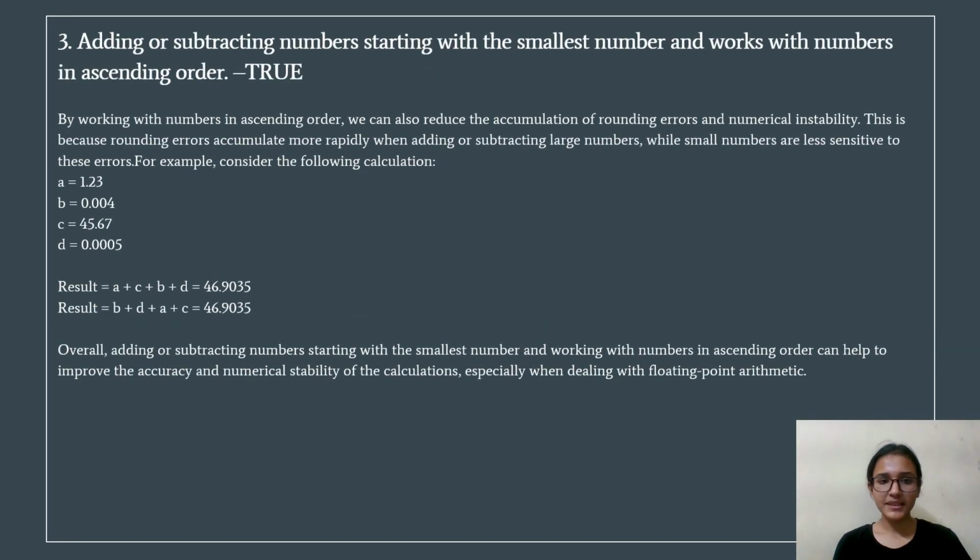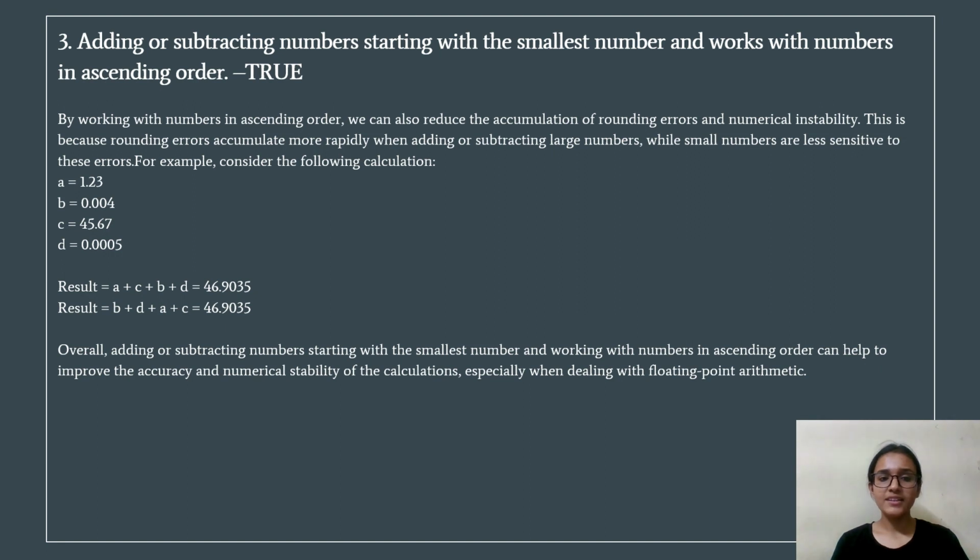So the third statement is adding or subtracting numbers starting with the smallest number and working with numbers in ascending order. This statement is true as, when adding or subtracting numbers with different magnitude, it is important to start with the smallest number, which reduces the impact of limited precision of floating point arithmetic, because small numbers have fewer digits and are less sensitive to rounding errors than the larger numbers.